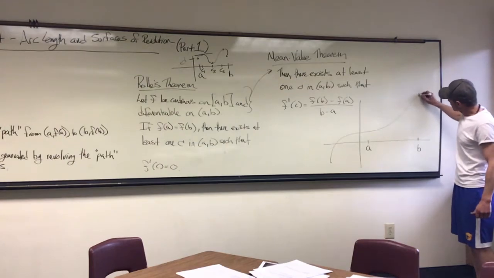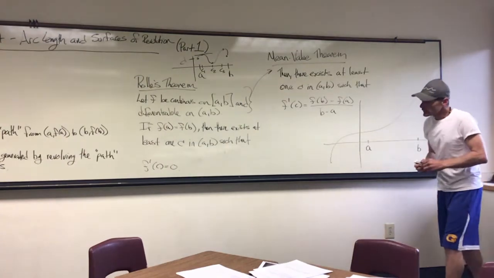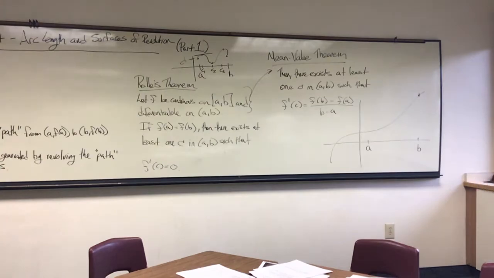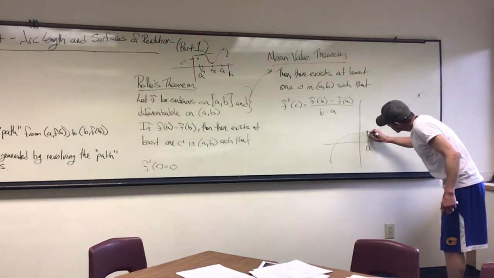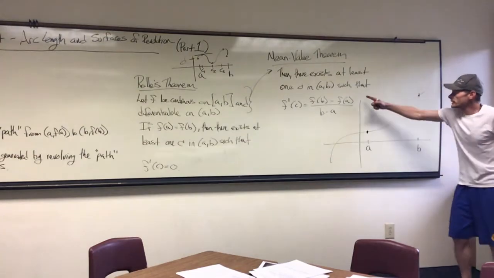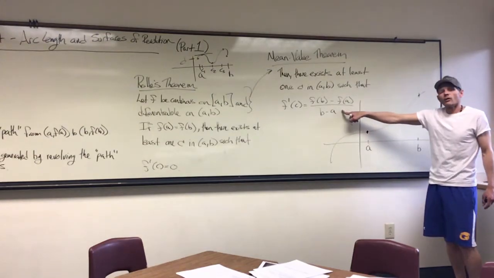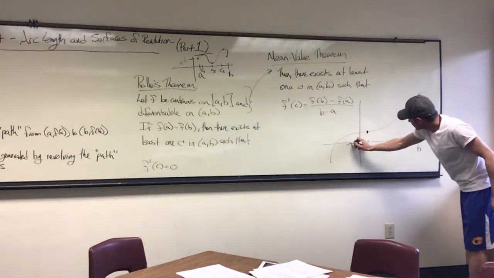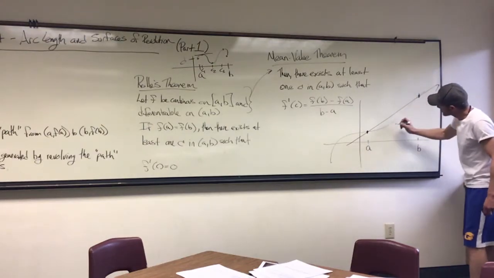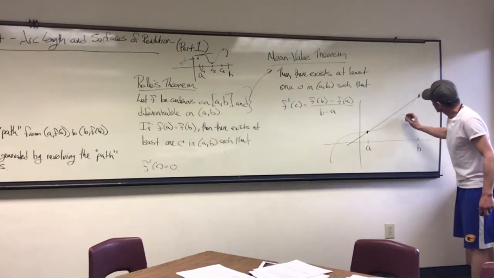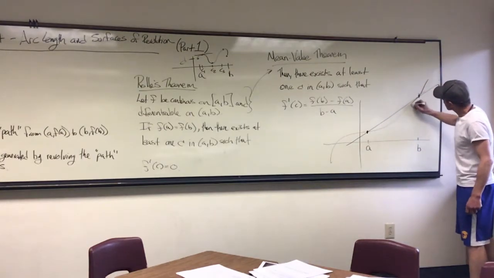To make sense of this problem, let's just start looking at the equation that is in the theorem. So first off, what is f of b minus f of a over b minus a? Well, goodness, that's just the slope of this line. A line that intersects a curve in two places, we call a secant line.